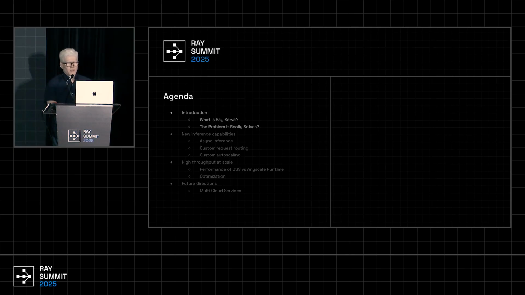Then Alex is going to talk about the performance characteristics of RayServe and contrast that with our Anyscale runtime. And then finally, we'll do a demo of what's coming in the future in terms of multi-cloud services support within Anyscale.